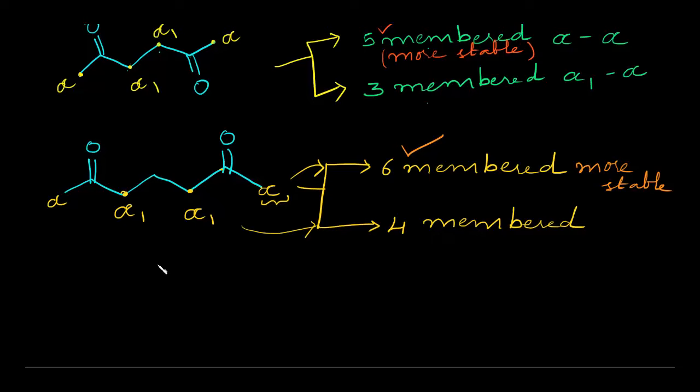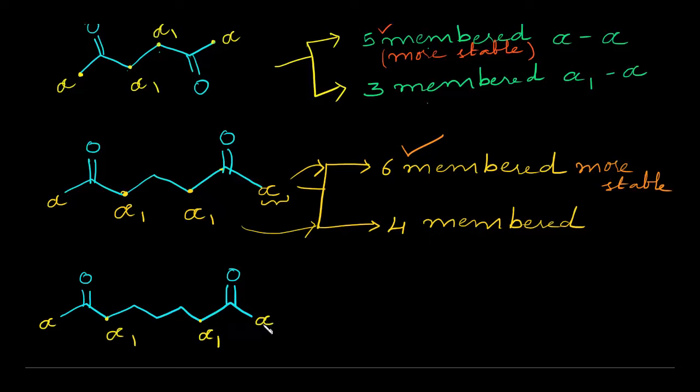Therefore, this is preferable. Let us take another example. You have CH3, C double bond O, CH2, CH2, CH2, CH2, CH2, C double bond O, CH3. Here you have alpha and alpha carbons, with hydrogens on these alpha carbons, and here you have alpha 1 and alpha 1.